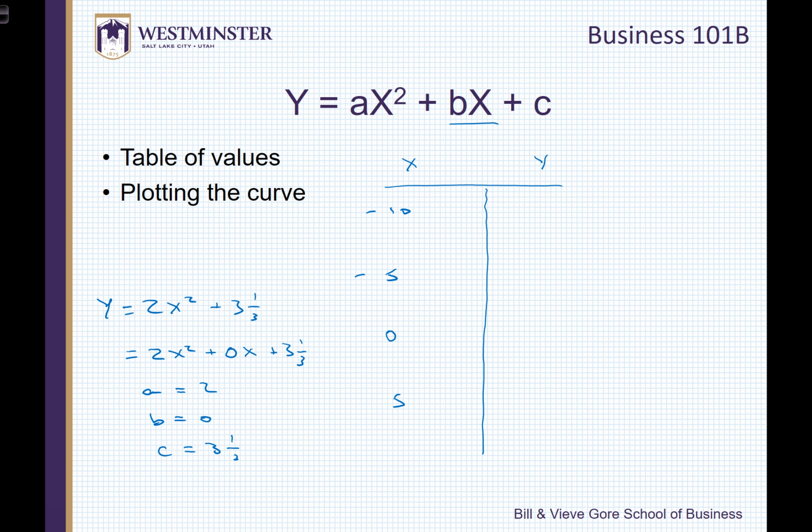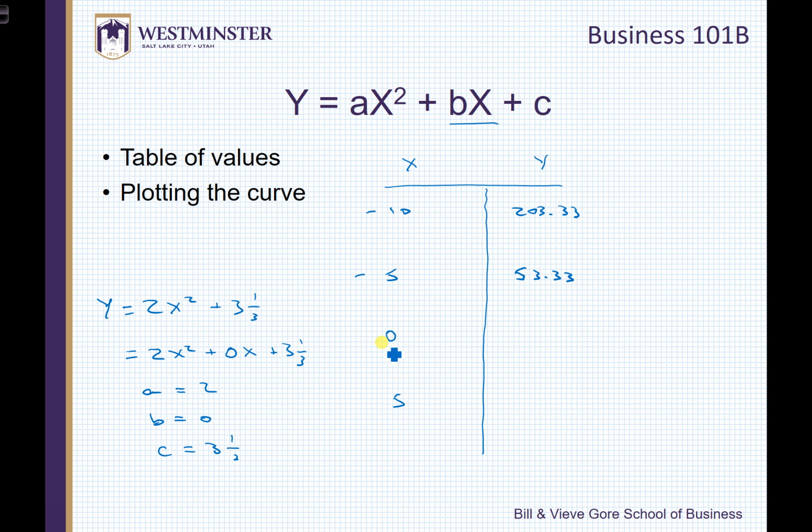So negative 10, if that's the value we have for x, then we have 2 times negative 10 squared plus 3 1/3, which is going to give us 203.33. And if we then take negative 5, 2 times negative 5 squared plus 3 1/3 is going to give us a value of 53.33.